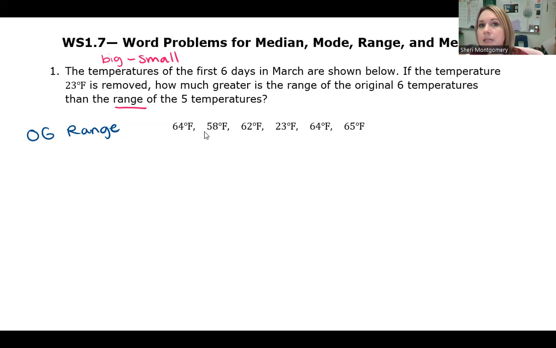So if you look in this list, what is the biggest number? 65. So we have to take the biggest number, 65, and then we're going to subtract the smallest. What's the smallest? Okay, minus 23. 65 minus 23.